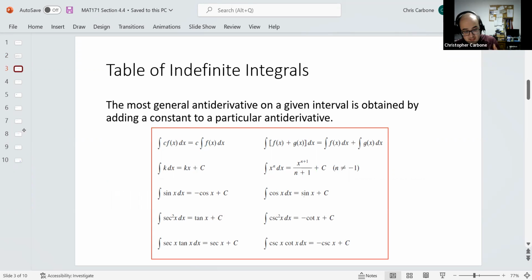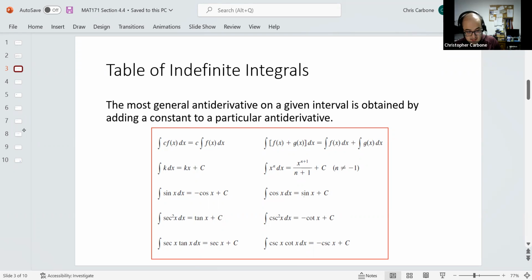And I have a table on the slide here showing these indefinite integrals. So the integral of c times f of x dx is c times the integral of f of x dx. The integral of k dx is equal to kx plus c. The integral of sine x dx is equal to the negative cosine of x plus c.